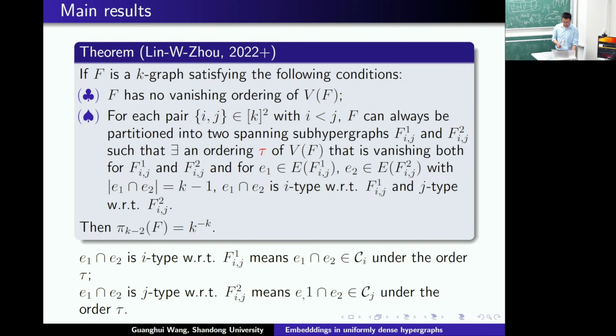The first one is that F has no vanishing order, and the second one is about each pair I, G: F can be partitioned into two spanning subgraphs F1 and F2, such that there is a vanishing order for both F1 and F2, and for two edges, if the Hamming element is exactly K minus 2, then it is I type for F1 and G type for F2. So when K is 3, it's the same as the previous one.